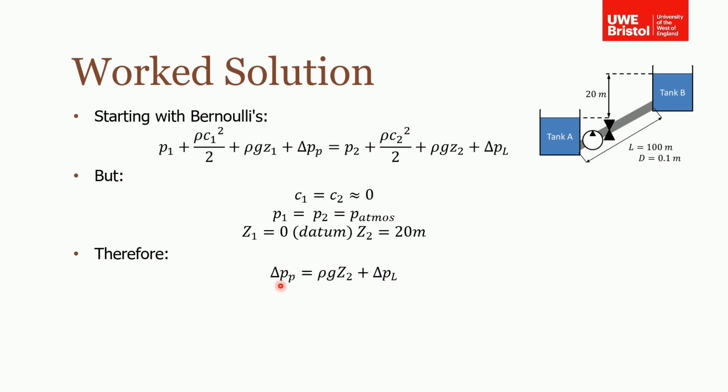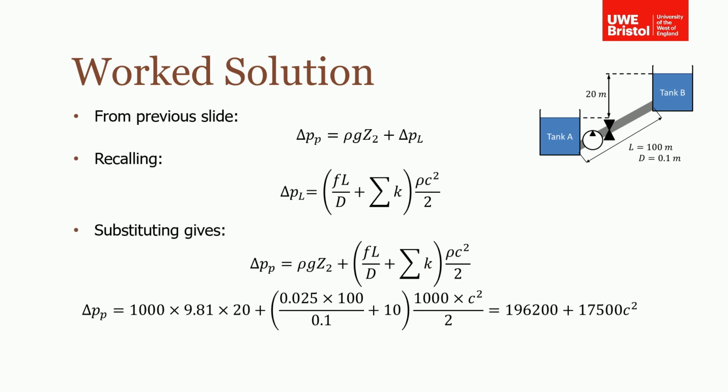So this is what it simplifies down to. The pressure rise, or the pressure required by the pump, is equal to the change in potential, going up 20 meters, plus the losses through the pipe network. So we can go ahead and work these out.